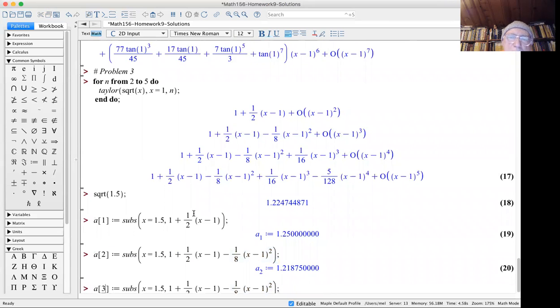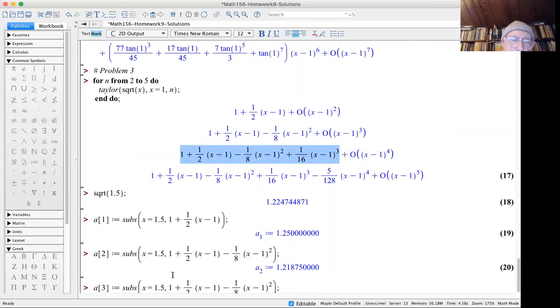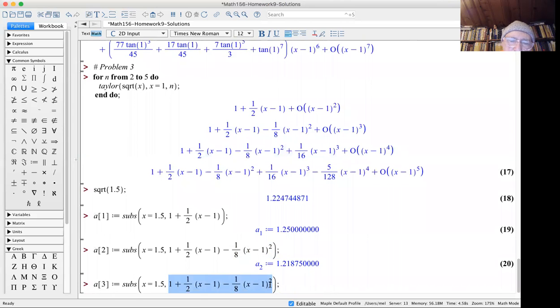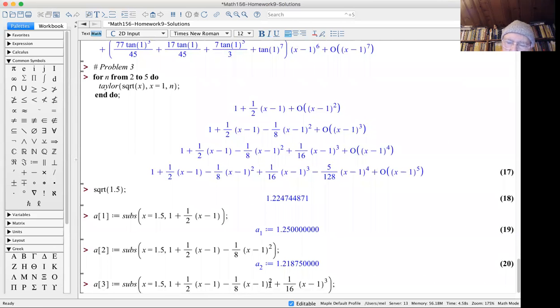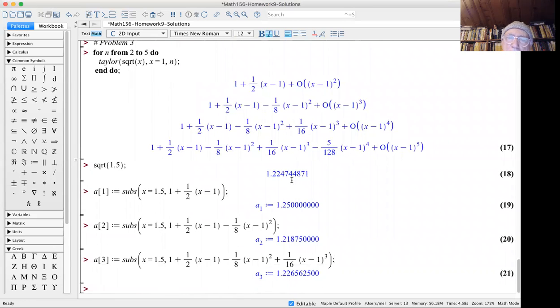Let's look at A3. This is the cubic polynomial. Oh, not bad, getting better.